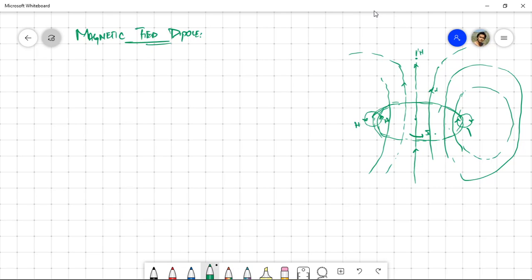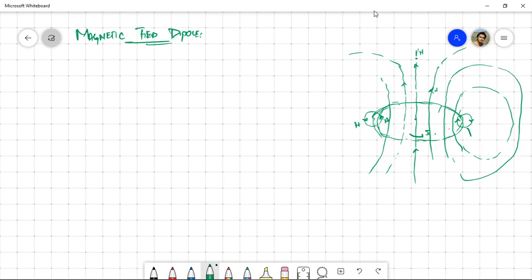If we point our thumb in the direction of current at this point, the fingers curling will give us the direction of magnetic field. So if the thumb is pointing into the screen, the fingers are giving us the direction of magnetic field, which is clockwise in this case and anti-clockwise in this case, because here our thumb will be directed out of the screen.